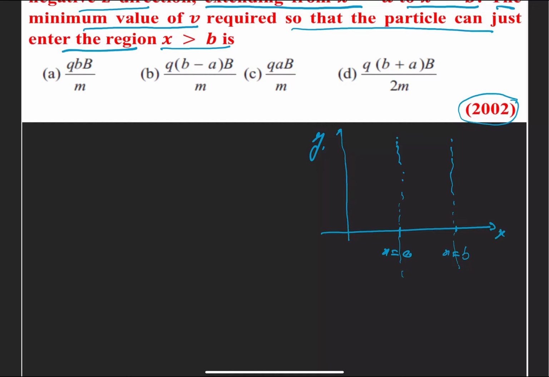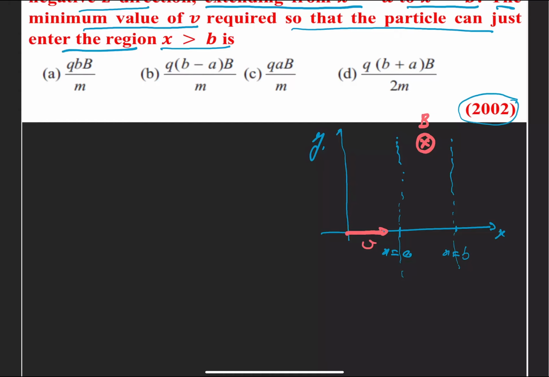It says that a particle is traveling along the x-axis with the velocity v, and we have a magnetic field along the negative z-axis. So this is the magnetic field.